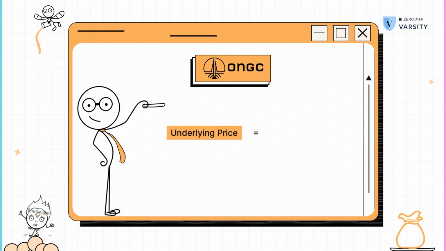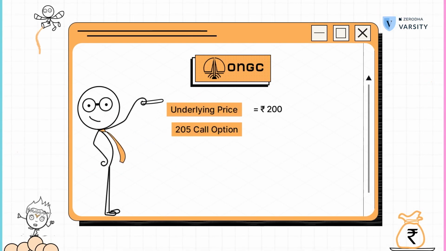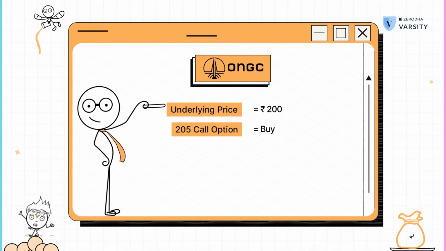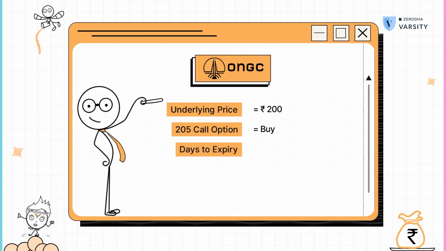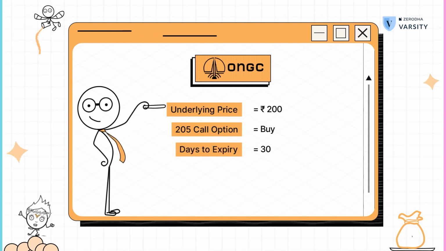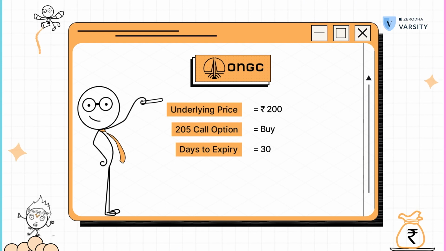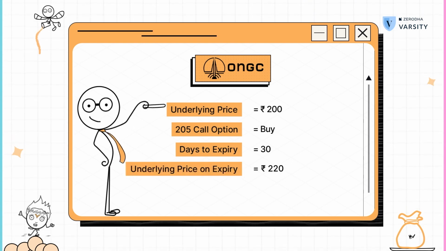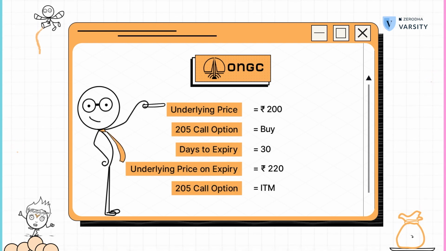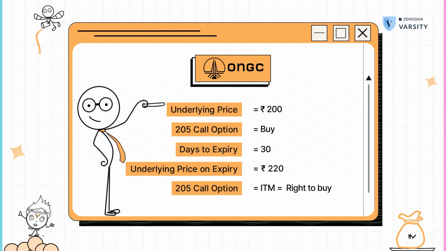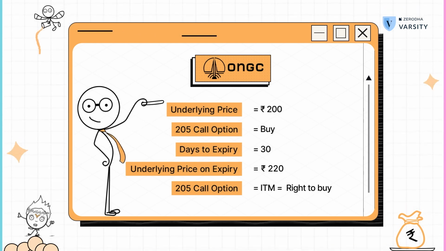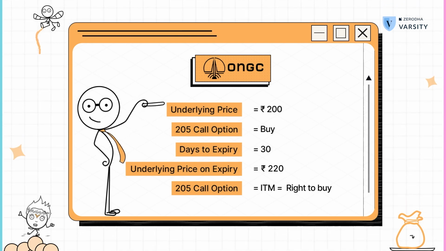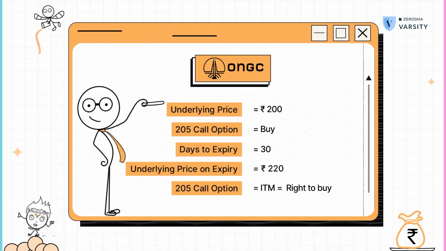Let me give you an example. ONGC as of today is trading at 200. I will go ahead and buy a 205 call option on ONGC. There are about 30 days to expiry. Let's assume on expiry, ONGC expires at 220. Now the 205 call option that I have is in the money, which gives me the right to buy ONGC at 205 when ONGC is trading at 220 in the open market.